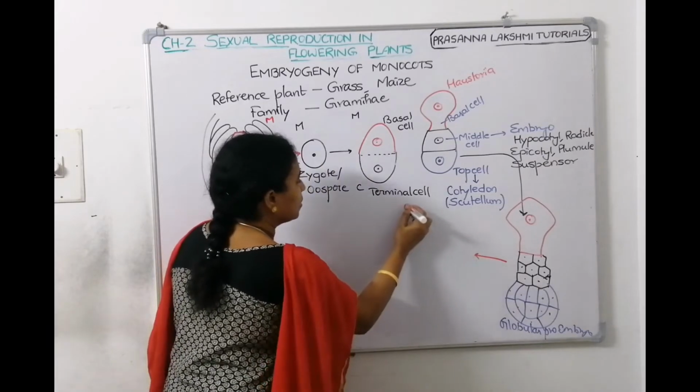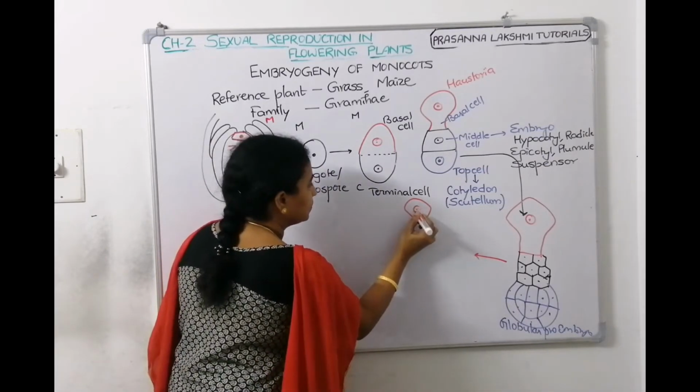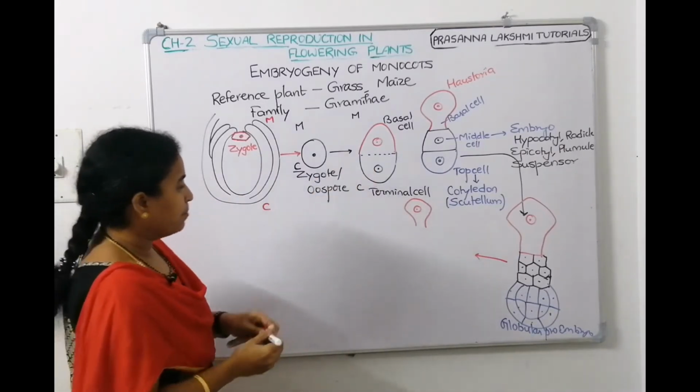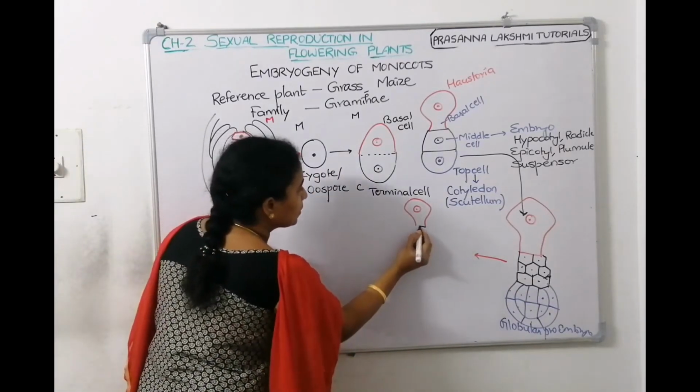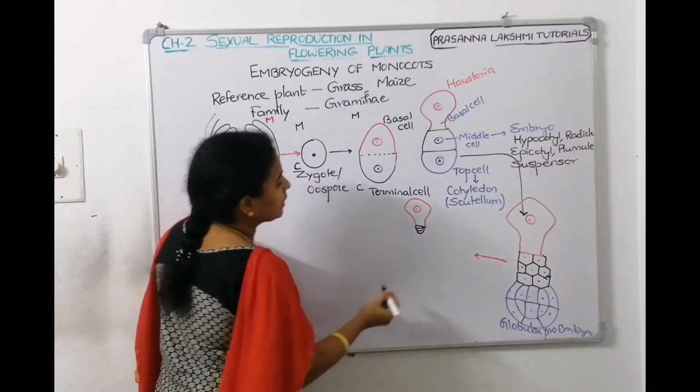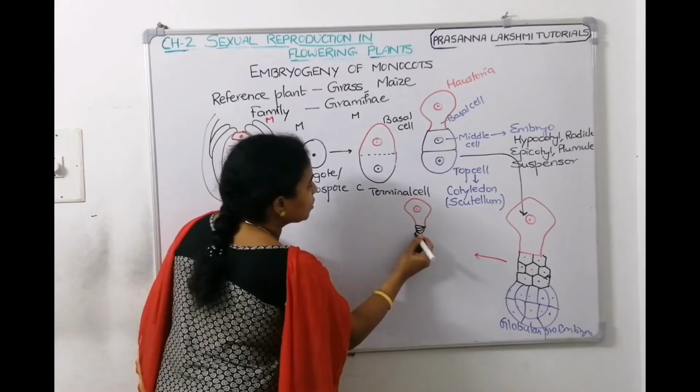I'll show. This is a haustorial cell. And this one, the middle cell, which has to make the embryo, will develop suspensors. So these are the suspensor cells, and then it will make a complete structure.